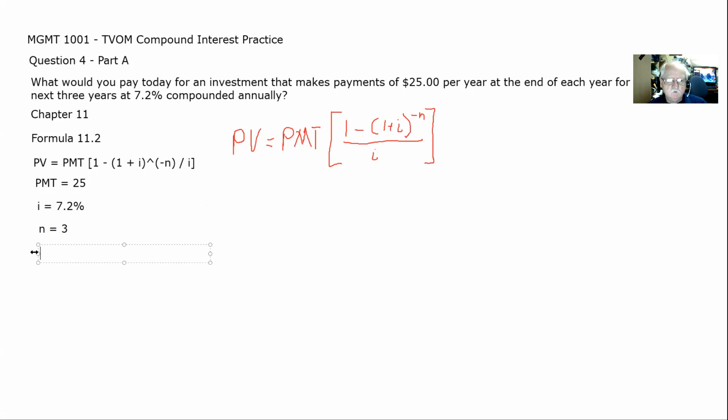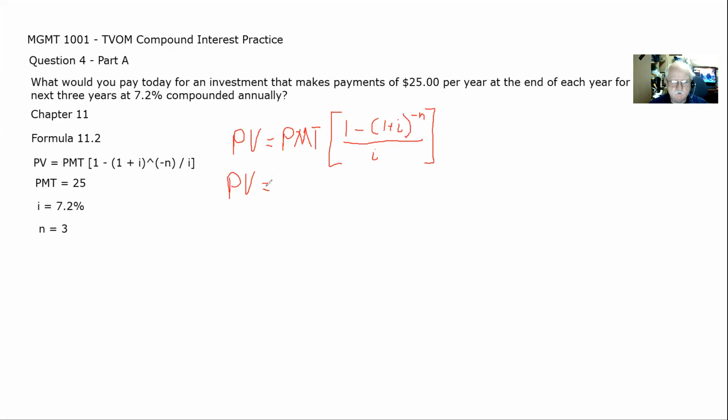So when we plug those in, I won't bother typing it out because it'll look ridiculous. Let's write it out. It'll look like it makes a lot more sense.